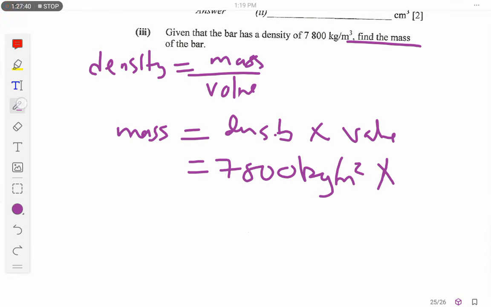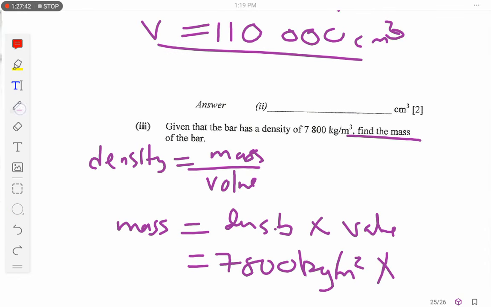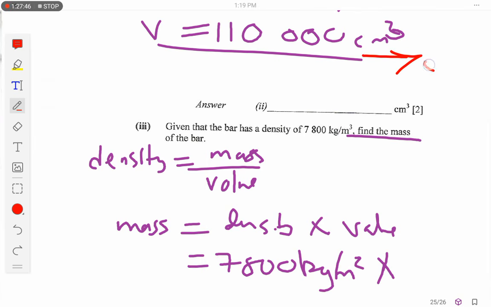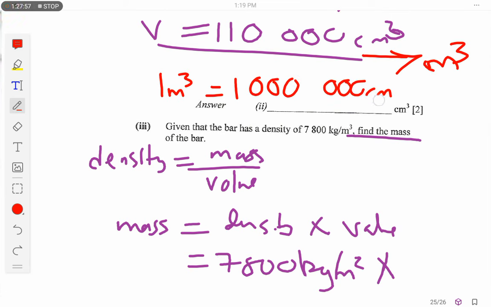Our volume was given in centimeters, so we have to convert this to cubic meters. You find out 1 cubic meter is equal to 1,000,000 centimeters cubed.